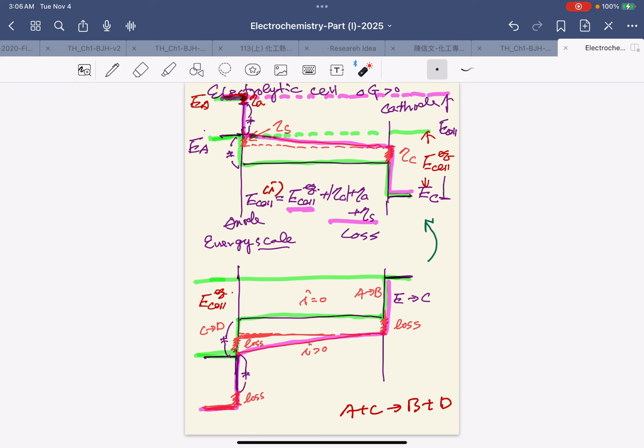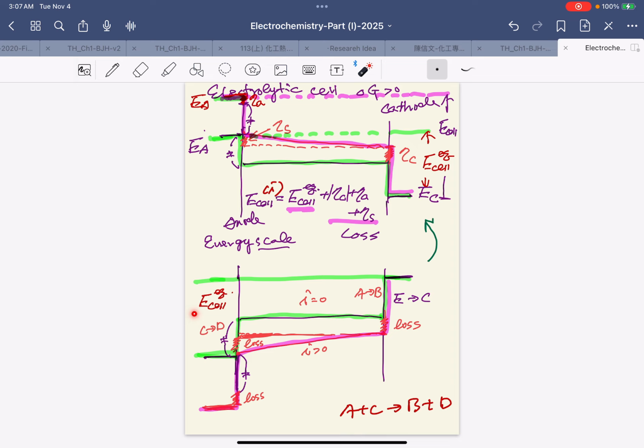Similarly, you can extend to a galvanic cell. But you can see in an electrolytic cell, after the chemical reaction, once you convert A plus C to B plus D, the electron energy final state is very low, right? If you want to drive this reaction, you need to make a circle, circulate.